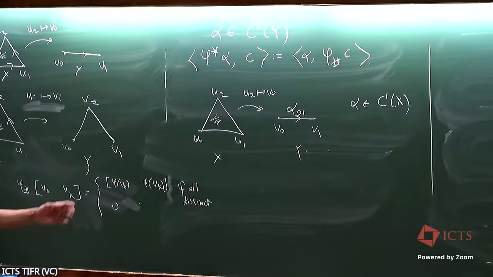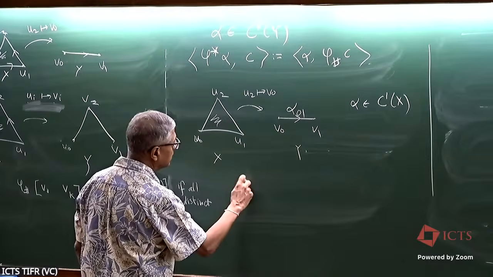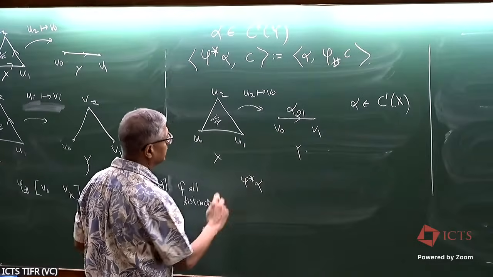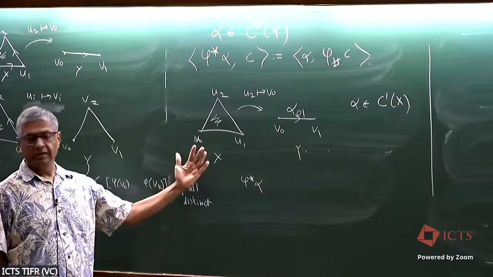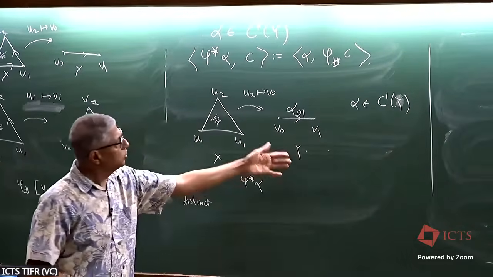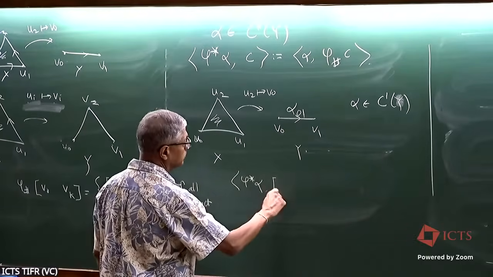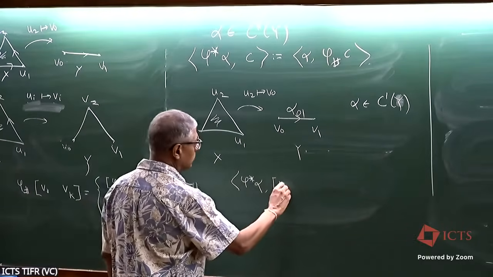So what is its pullback? The pullback of alpha will be a cochain on X. You have something on the right and you're pulling it back here, so I should be able to tell you what its values are. What is its value on U0, U1?